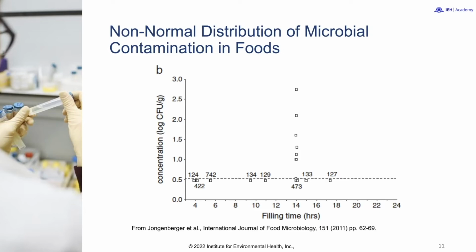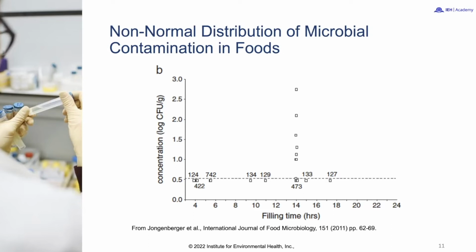So what this chart shows you is a test where they were testing 1 gram for the presence of a pathogen and enumerating it. Their limit of detection in this particular case, at a 95% confidence interval, was 3.3 colony forming units per gram. That's the dotted line here.